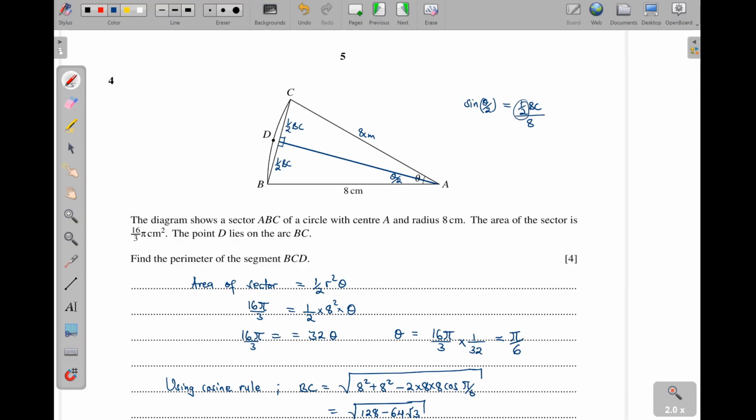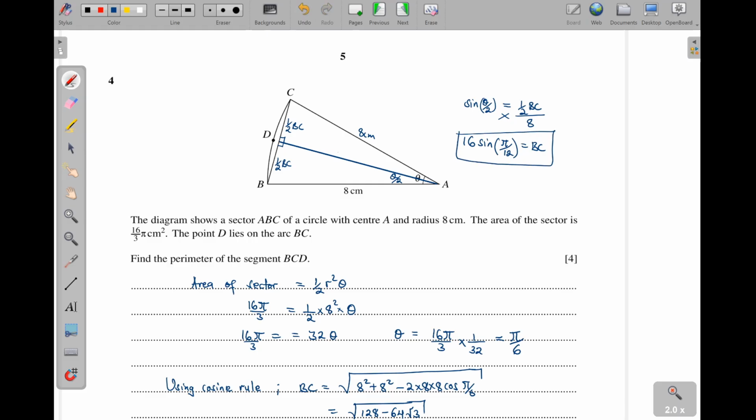Now, the half and the 8 multiply to give us 16 in the denominator. Then when you cross multiply, BC is equal to 16 times sine of theta over 2, remembering theta is pi over 6, so that will be pi over 12. You see that? So I can also use this as my BC.